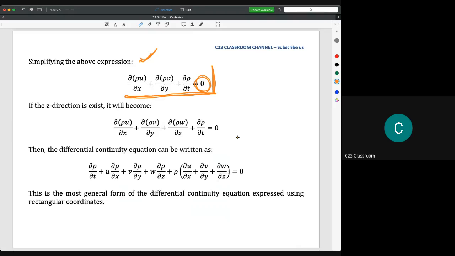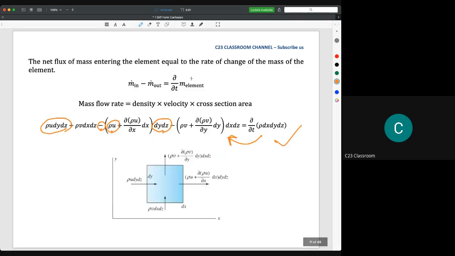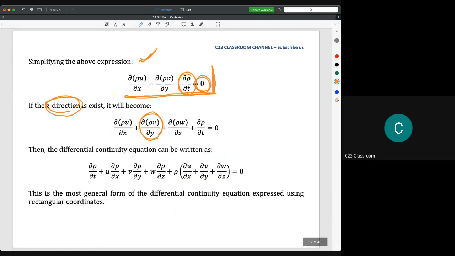This is only for two-dimensional. If we want to add the three-dimensional, we put the z direction here. We could just copy the flow here, so we add del rho w over del z plus del rho del t. Del rho del t is the value that comes from the right hand side here. How to turn this into this term is by expanding the value of this one.